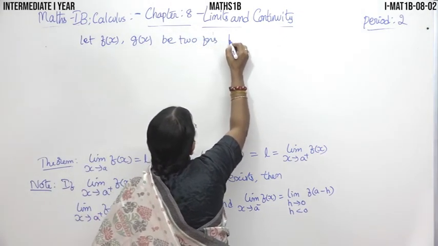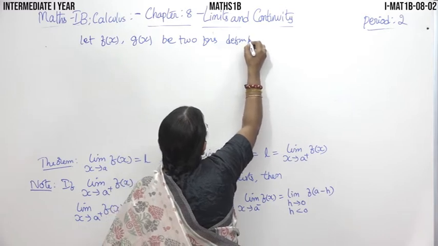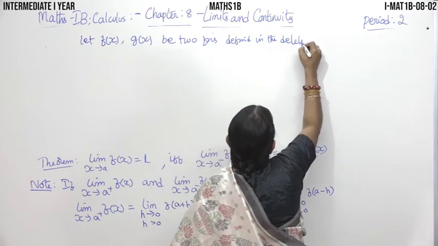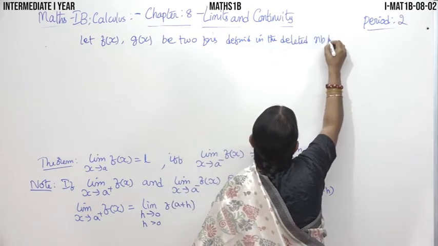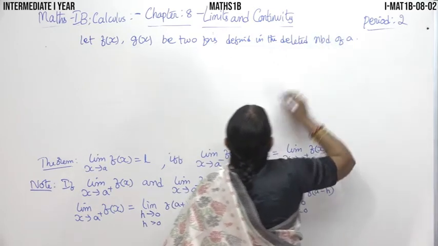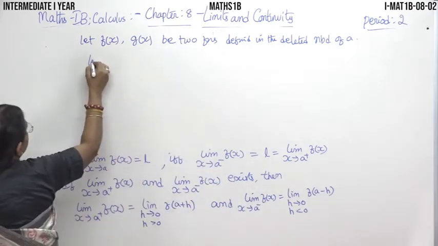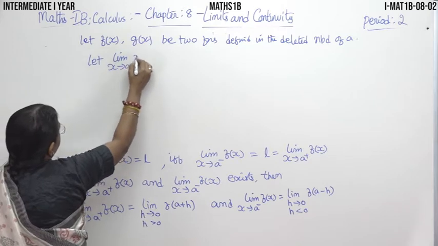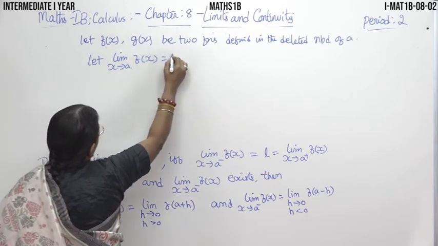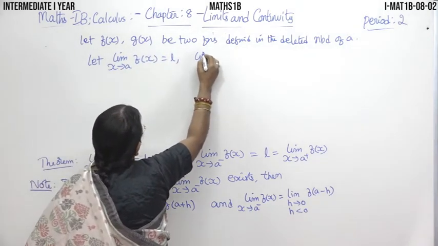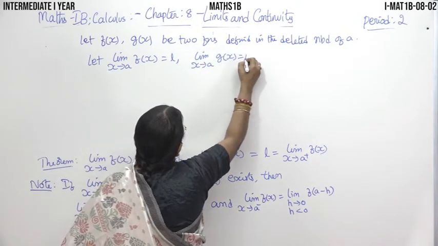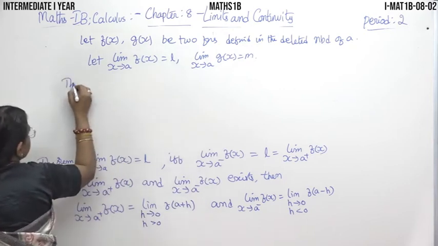And suppose that the limit as x tends to a of f of x is L and the limit as x tends to a of g of x is equal to m. Then you have these properties.